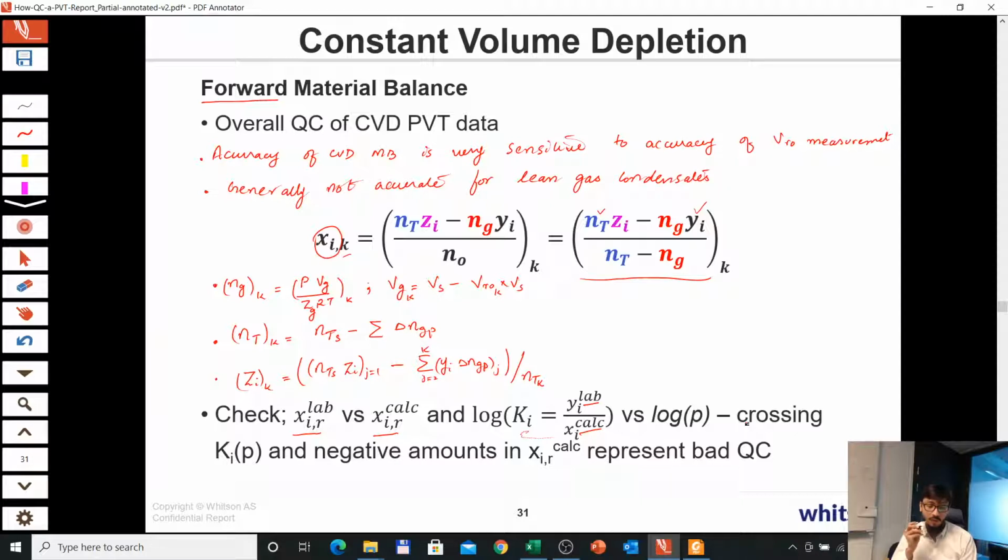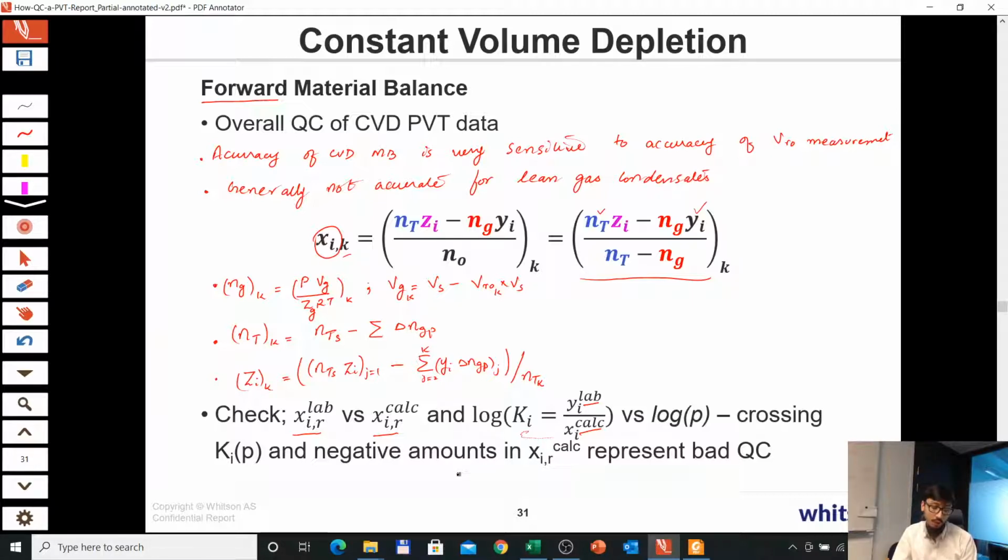So one important comment about the forward material balance is that if you don't have the residual oil composition reported at the last stage in the PVT report, you can do the entire CVD forward material balance calculation, and you can calculate the residual oil composition from the material balance. You can calculate the Ki values and then check for crossing of the K values. So you can still do the material balance.